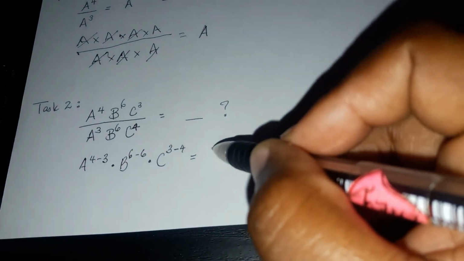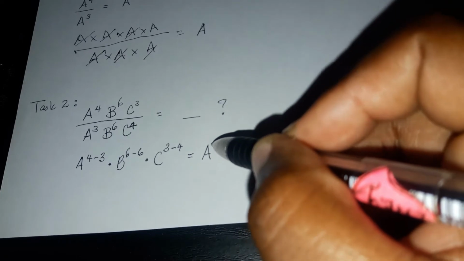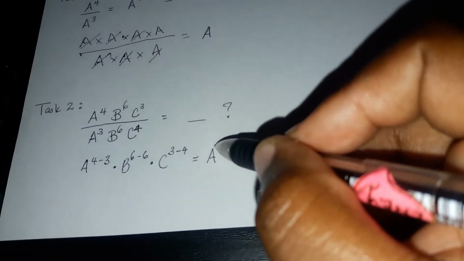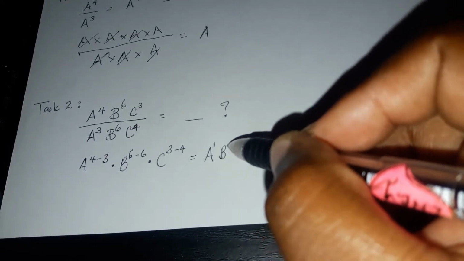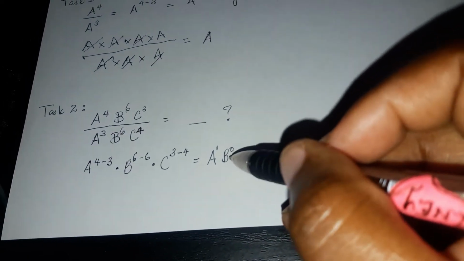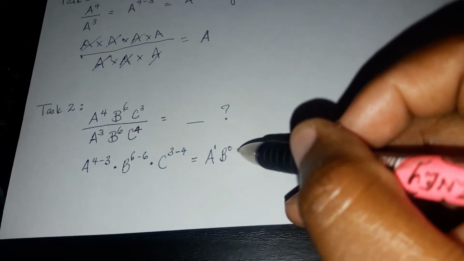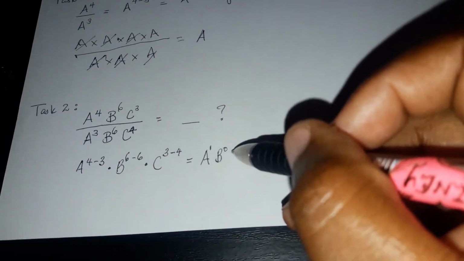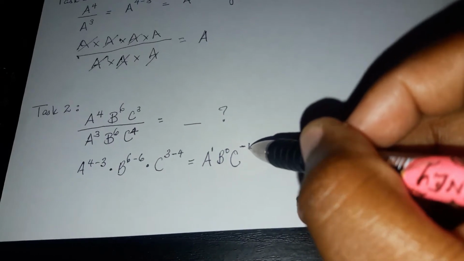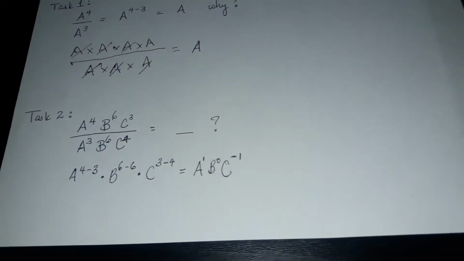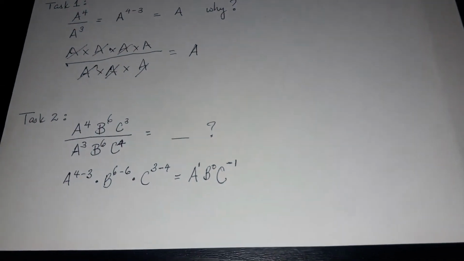And what you would have left is A to the 1. You don't have to write it, but there. And B to the 0. Anything to the 0 is equal to 1, so the entire thing is equal to 1. You'll see right now. And then you have C to the minus 1, because it's 3 minus 4.